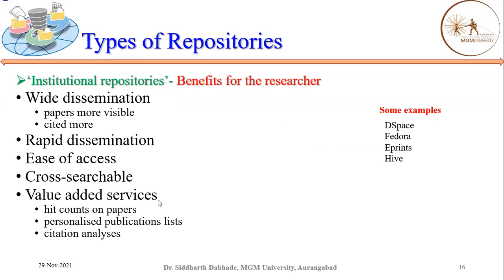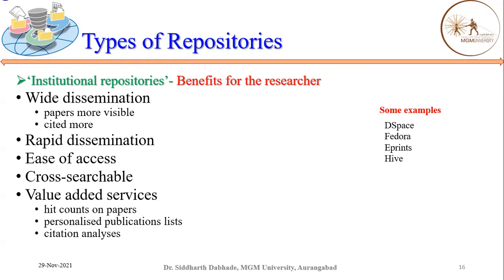Then there is wide dissemination. Dissemination is nothing but spreading your contents all over the world. That content may be in the form of papers. If a person has access to your paper, they may cite you, and the citation count will increase. It is rapid dissemination, easy to access, and cross-searchable, so all over the world it can be searched very effectively.